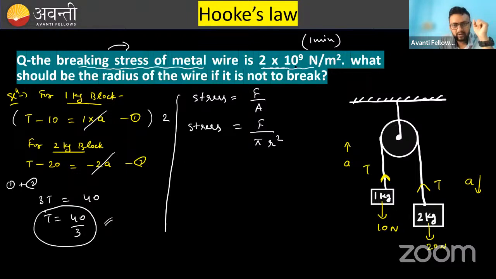The maximum stress is given as 2 into 10 to the power 9. This is the value of maximum stress. So I will place the value: 2 into 10 raised to the power 9 is equal to the restoring force acting on the wire, which is 40 by 3, over pi r square, where pi is 3.14, into r square.